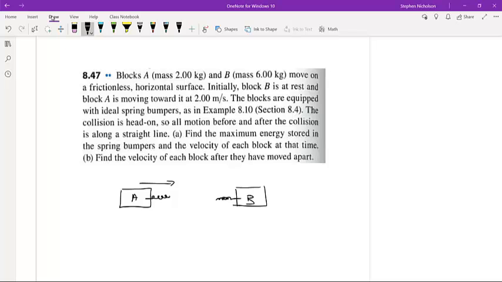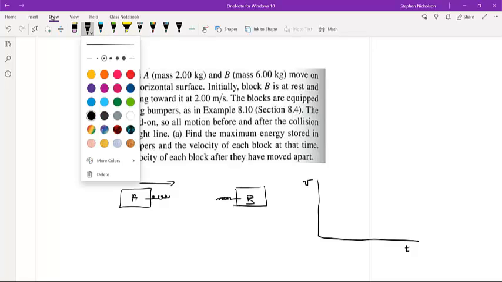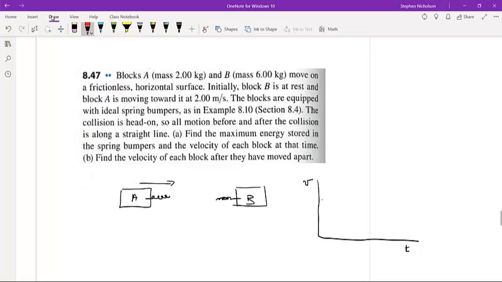So what will happen is that if you plotted velocity as a function of time for the two objects, object A would be moving along here until it collided, and then it would slow down.